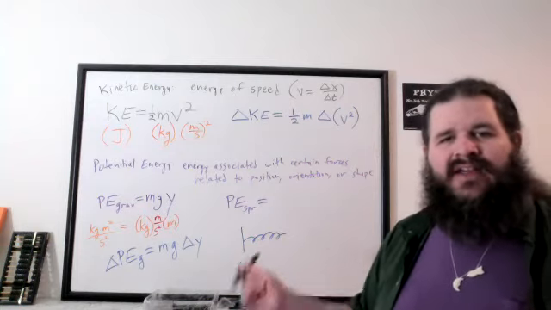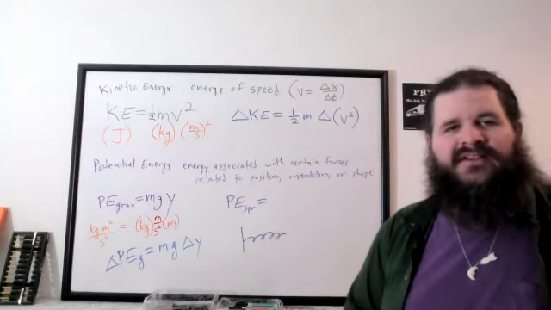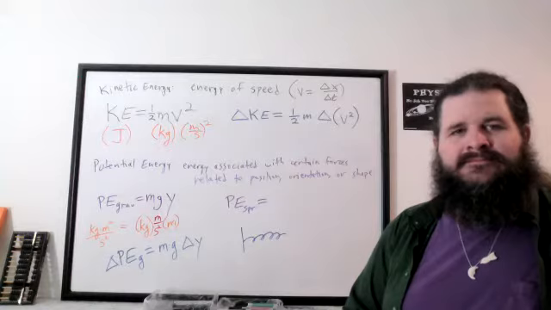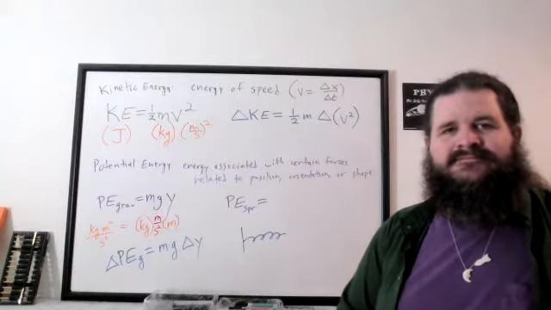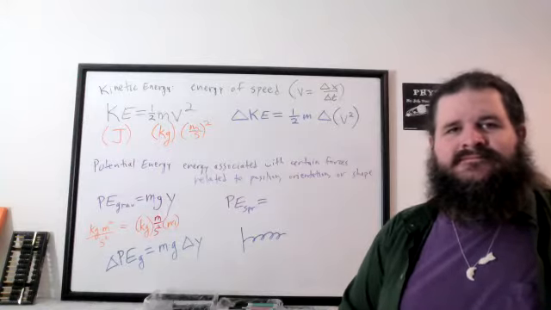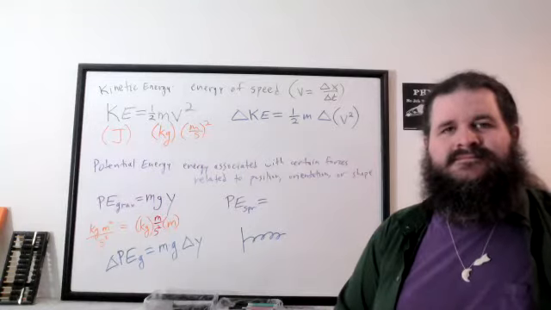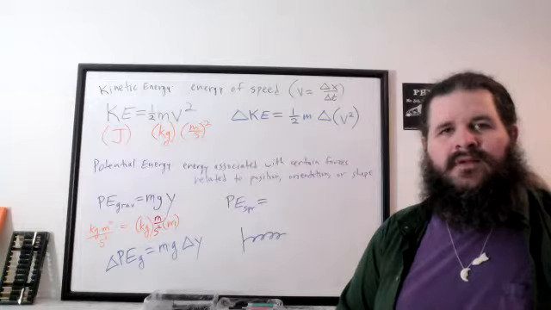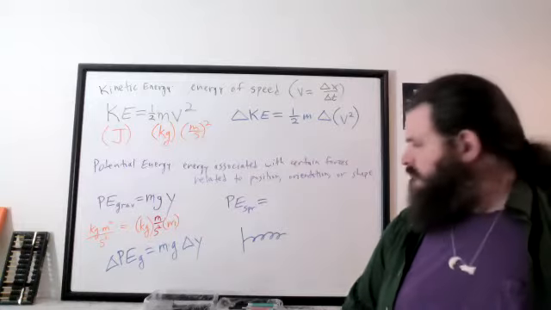How would you invest energy into it? How would you store energy in the spring? It would be determined by distance from the equilibrium position. So like pushing or pulling on the coil.